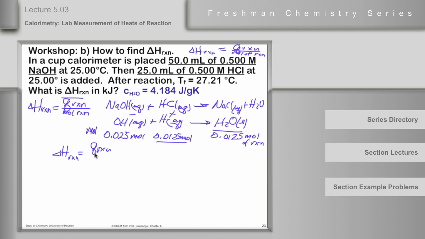It wants the answer in kilojoules, so we'll keep it there, divided by 0.0125 moles of reaction. Is it 639? Is it really? Check this on the calculator.